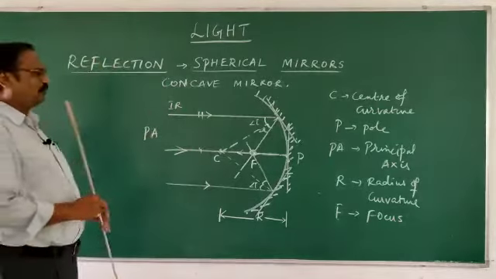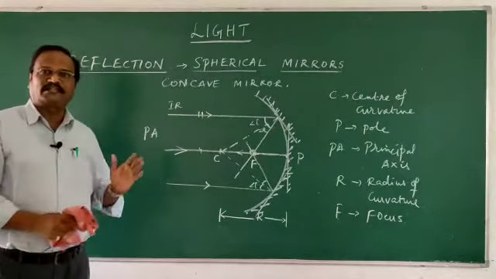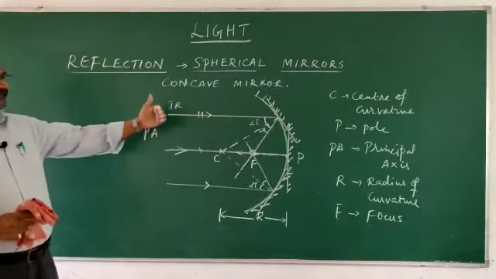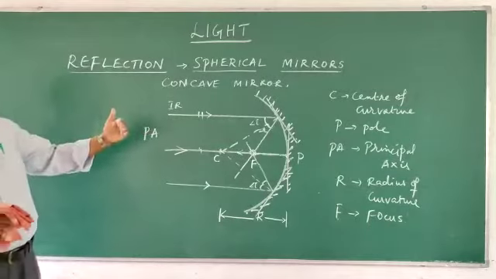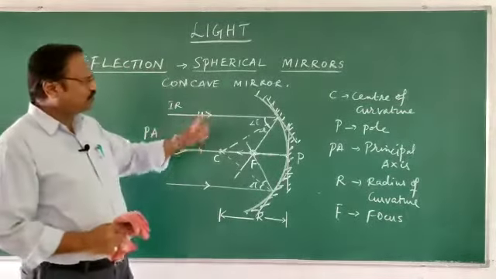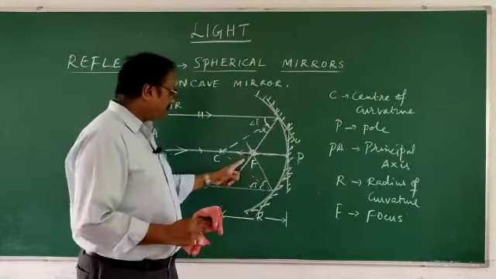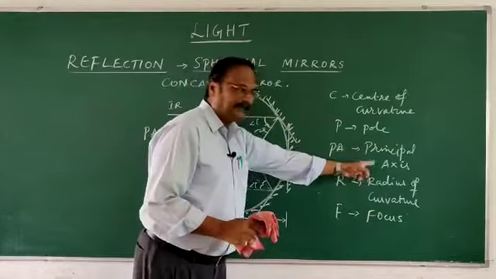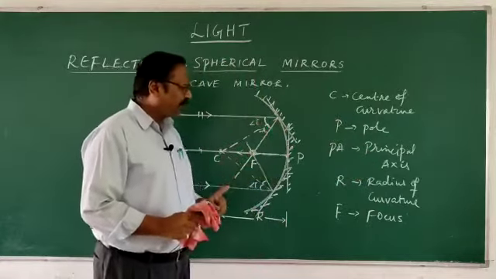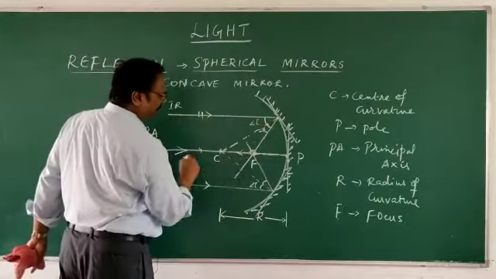Now I'm going to do one last exercise. With that we will complete the understanding of the concave mirror, and next in the video we will see a mirror called the convex mirror. This is a concave mirror. Learn the concepts: center of curvature, radius of curvature, principal axis, the pole is the middle point, F is the focus, rays parallel to the principal axis.